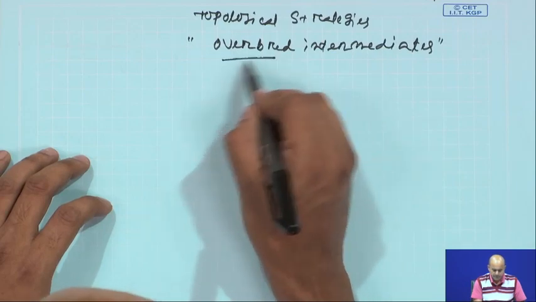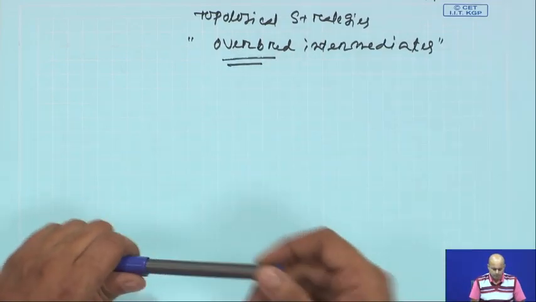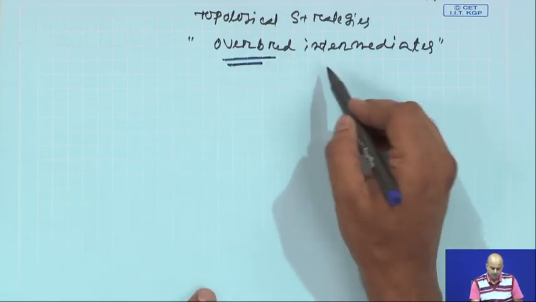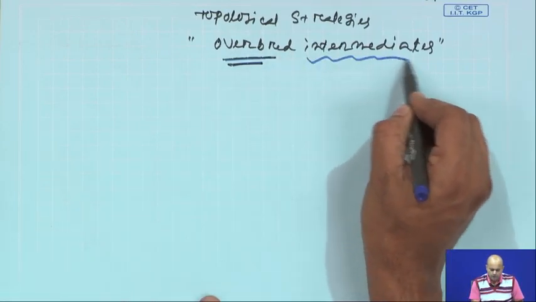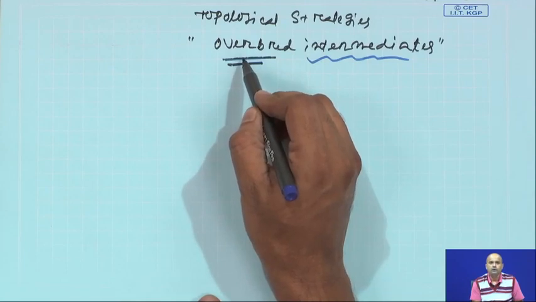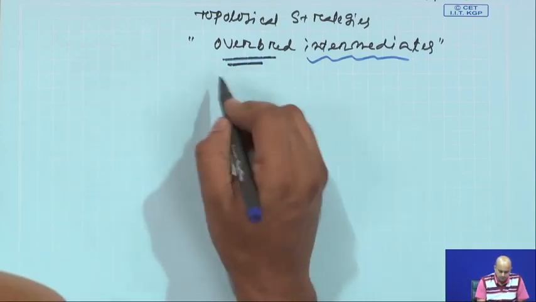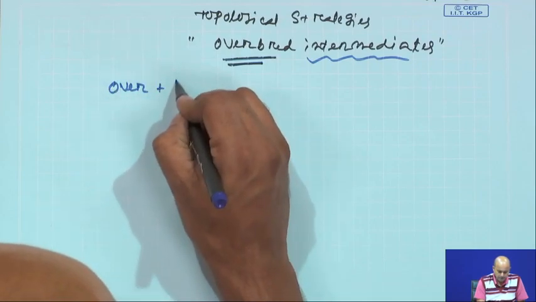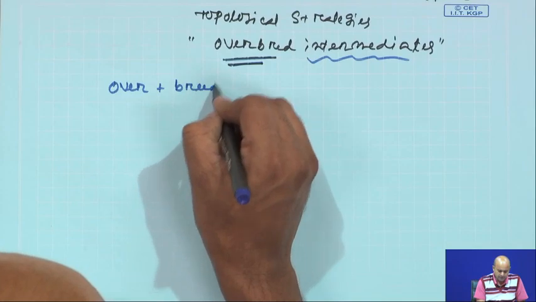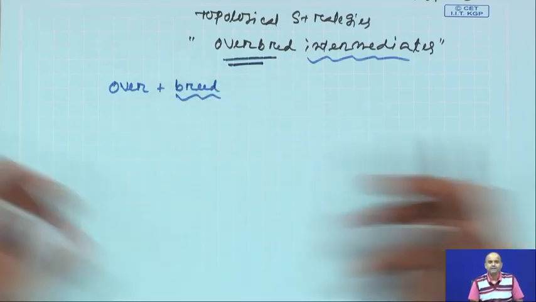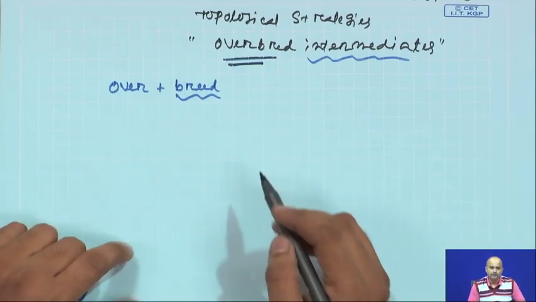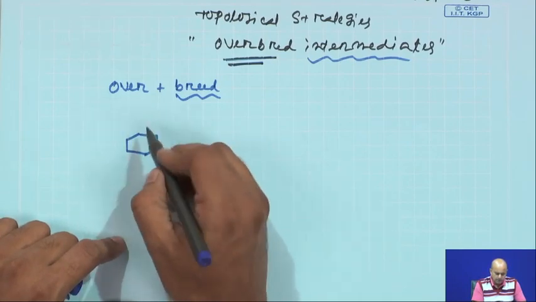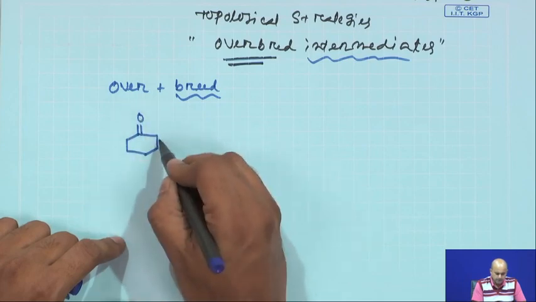This strategy, or concept, was used for a long time in the field of organic synthesis, but this terminology, overbred, was given very recently. This basically means that you are creating an excess thing which is not required.